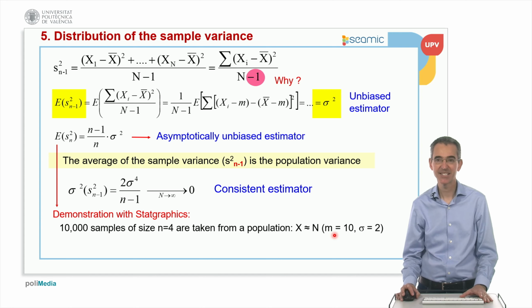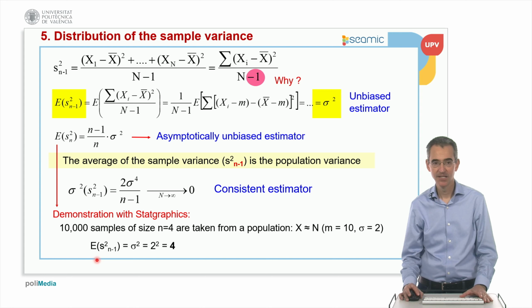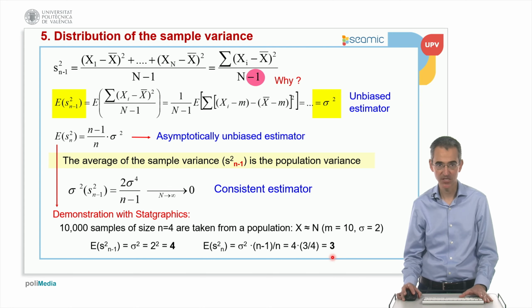I have simulated this data with Statgraphics. Theoretically, the mathematical expectation of the sample variance is sigma squared, which would be 4. But if we compute the sample variance dividing by n, based on this formula, we should get a value of 3. Now we're going to check if this is what we get by simulation.